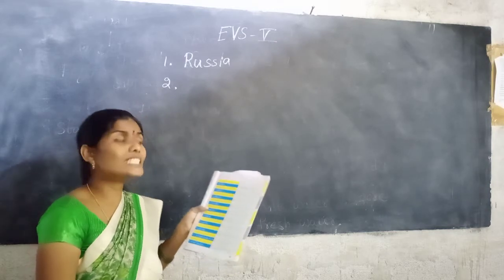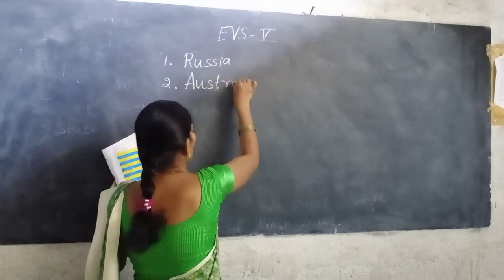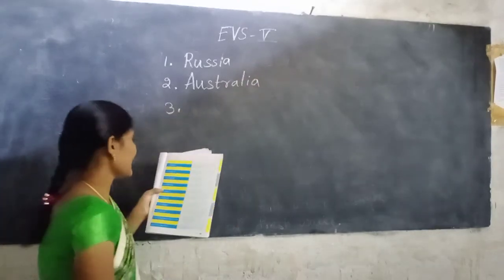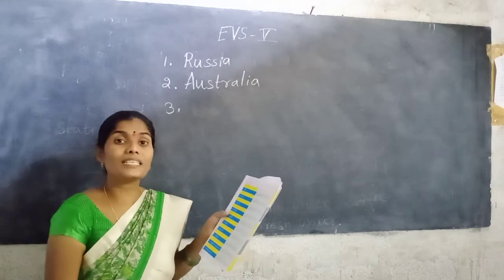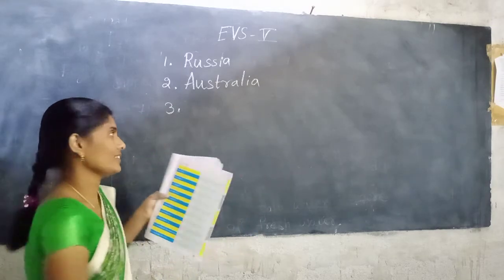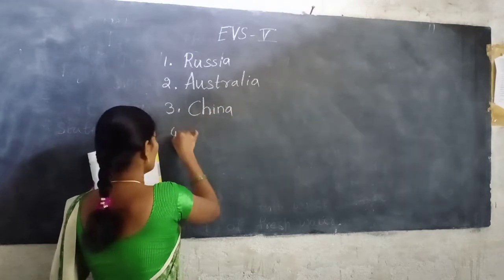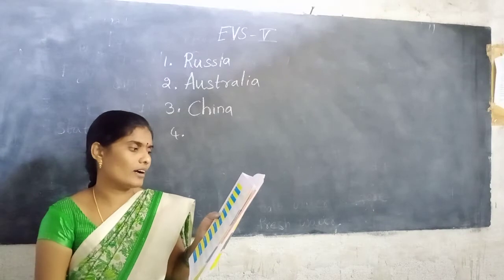Island continent is Australia. Write down Australia. Next, the most populous country. Most populous country is China.